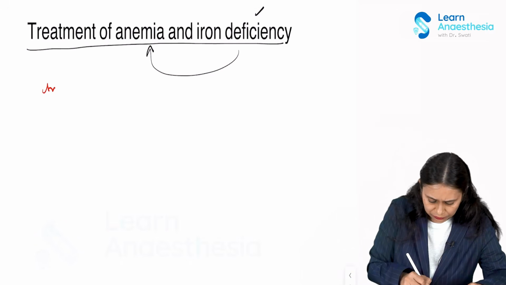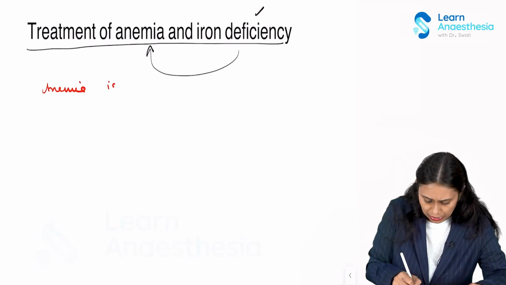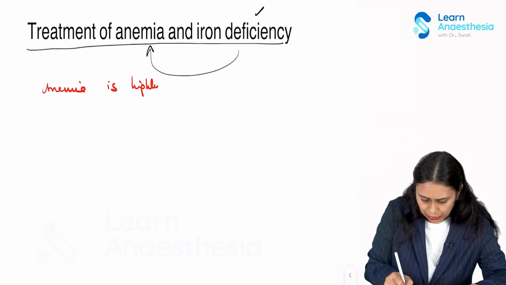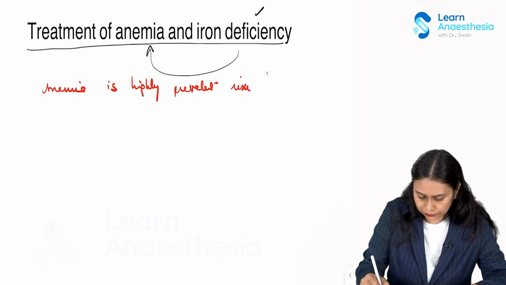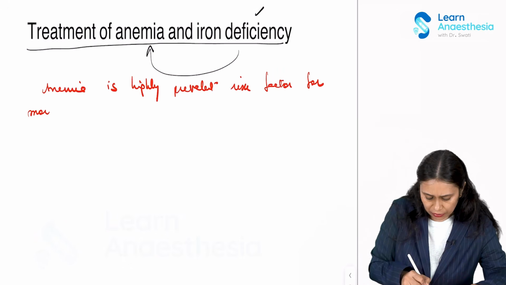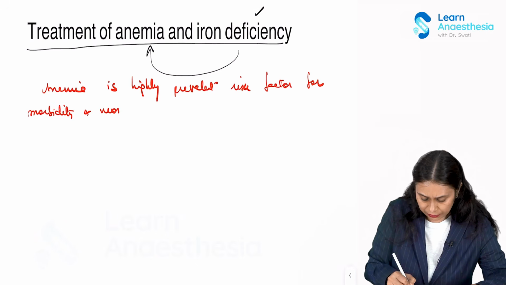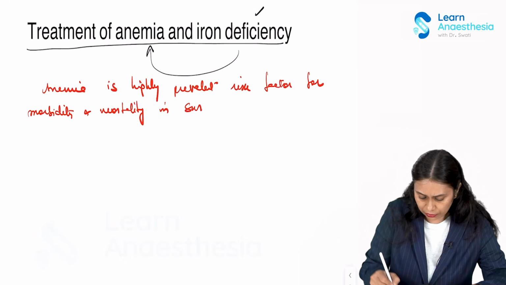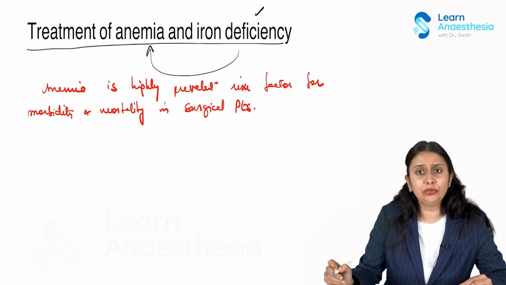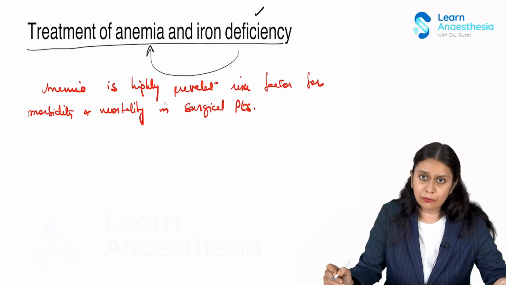So anemia is a highly prevalent risk factor for morbidity and mortality in surgical patients, and it is an independent risk factor to increase the requirement of blood transfusion.